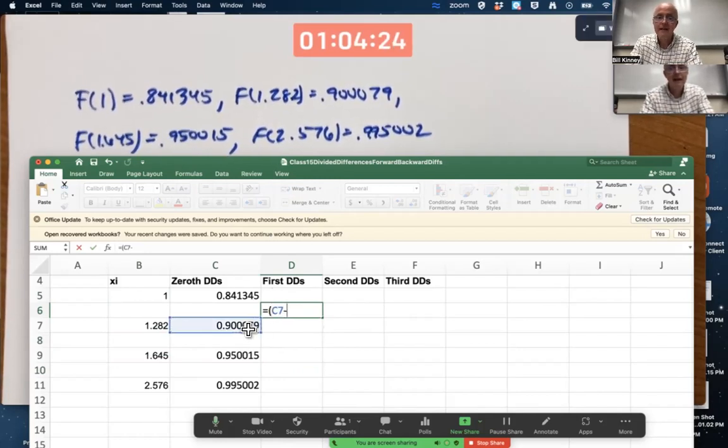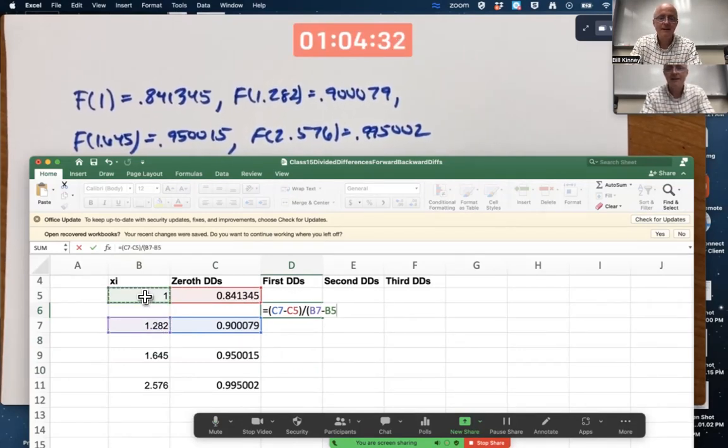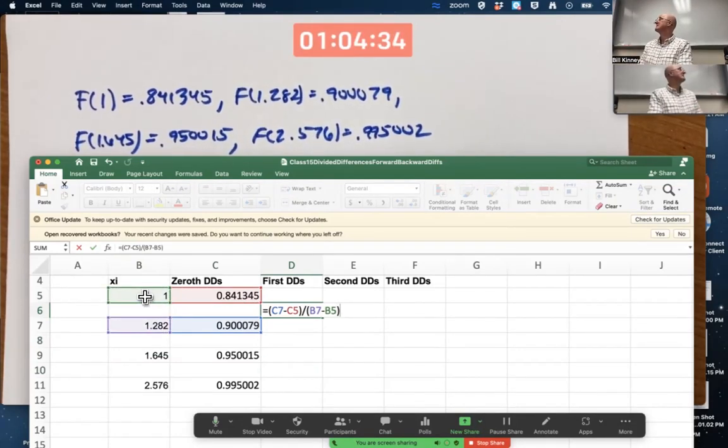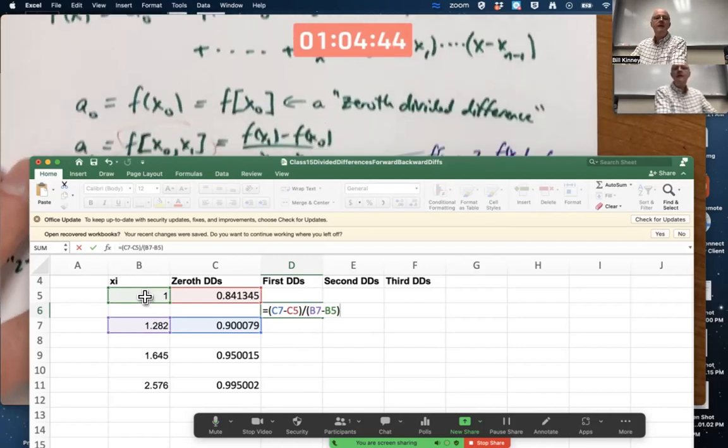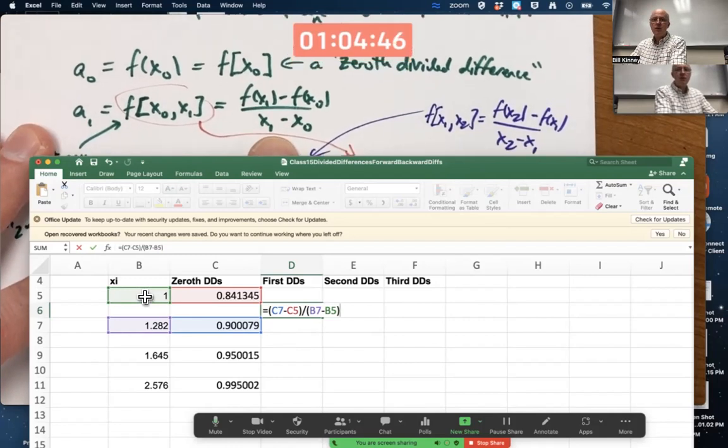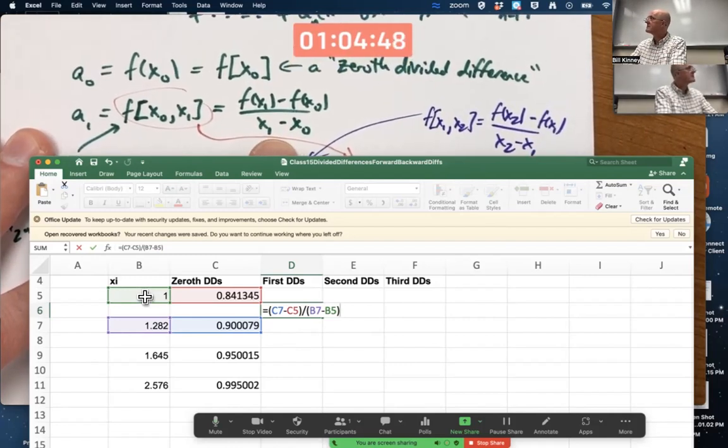Do this minus this divided by this minus that. That is a divided difference. It's a first divided difference. It's a divided difference of 0th divided differences. A true difference quotient, if you like, or simple divided difference.